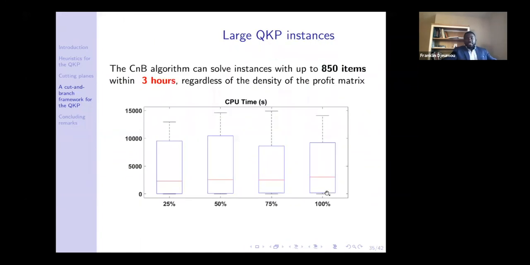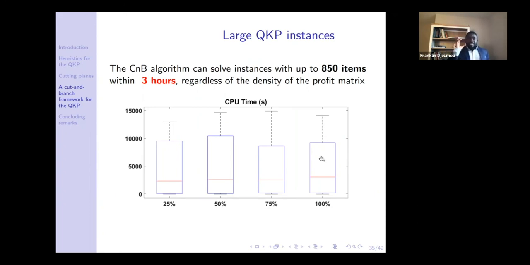Now, if you increase the size of your problem up to 850 items, then we are still able to solve them within 3 hours. And these box plots here show the distribution of the running time. You can see that most of the time we can solve them within 2.5 hours for larger instances.